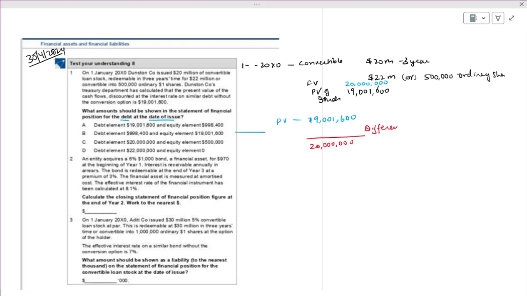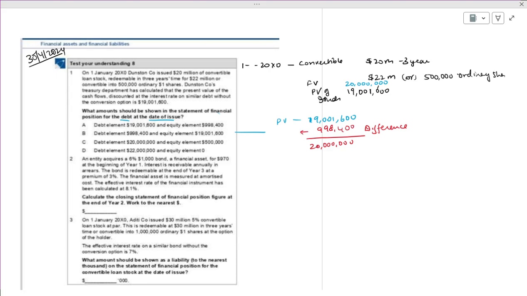How much is the difference? Please check. Very fast. Yes, 998,400.